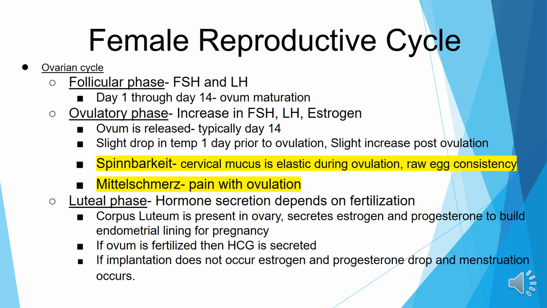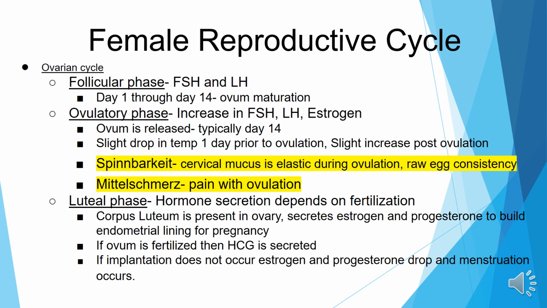So day 1 through day 14, we are growing eggs, okay? Multiple eggs are grown, but only one is released and matures enough to be released into the fallopian tube. The ovulatory phase has a spike in FSH and LH, and we also add in some estrogen. This is when an ovum is released from the ovary, typically around day 14 of a regular 28-day cycle.